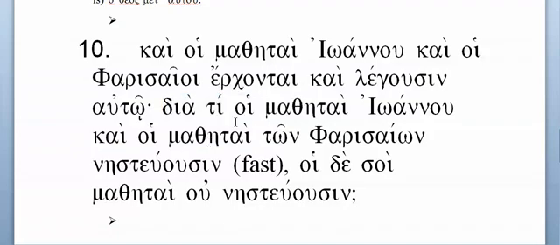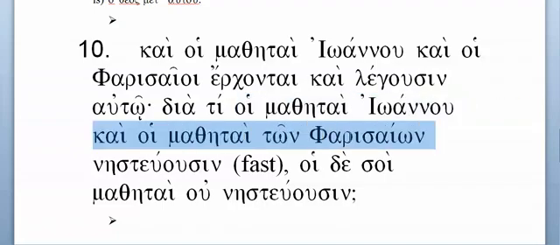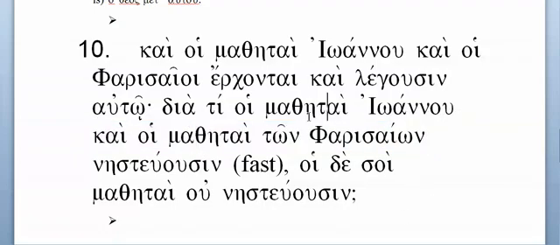So, for what reason do the disciples of John and the disciples of the Pharisees, you notice, so he calls them both disciples, but it's the disciples of John and the disciples of the Pharisees. And then do they fast? And you have another third plural verb, so that makes perfect sense. It lines up with those plural subjects in this environment.